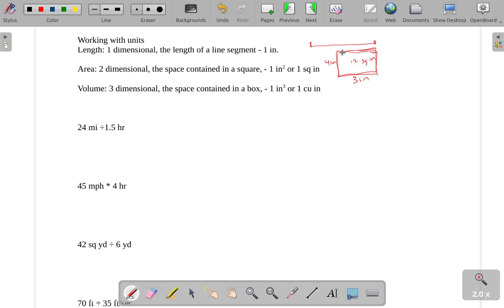The total space that's covered up by this would be 12 square inches. And you can write that either square inches, SQ space IN, or inches squared. Either way works to describe that particular two-dimensional area.